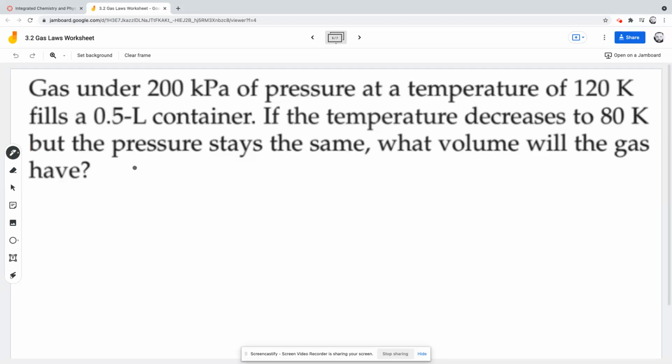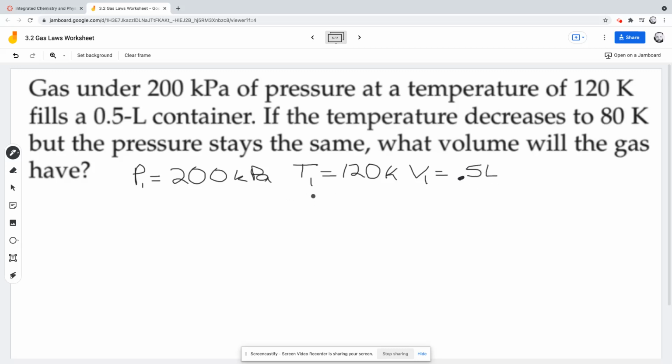So the first thing they give me is a pressure, so P1 is equal to 200 kilopascal. Then they give me a temperature, so T sub 1 is equal to 120 Kelvin. Then they give us a volume, so V sub 1 is equal to 0.5 liters.